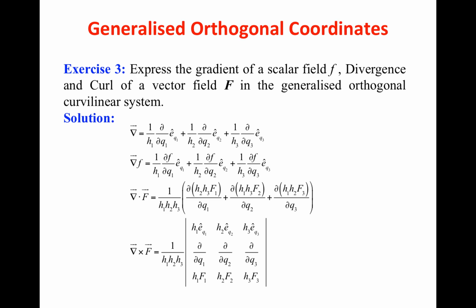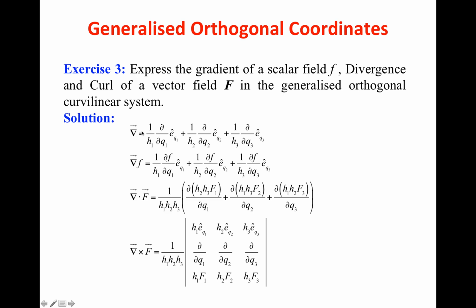Again a simple exercise for all of you, the way we have done it for the cylindrical polar coordinates: express the gradient of a scalar field f, and the divergence and curl of a vector field f in the generalized orthogonal curvilinear system.